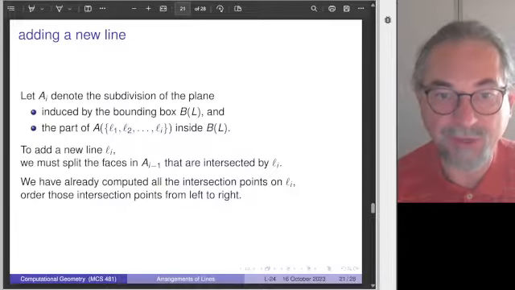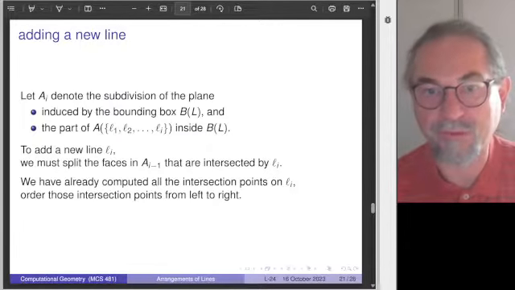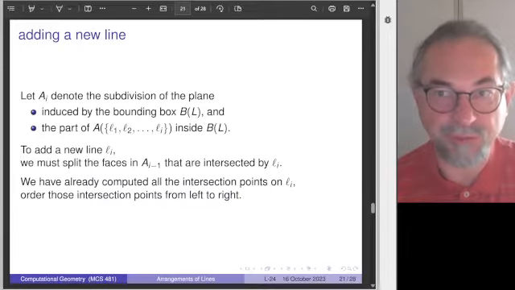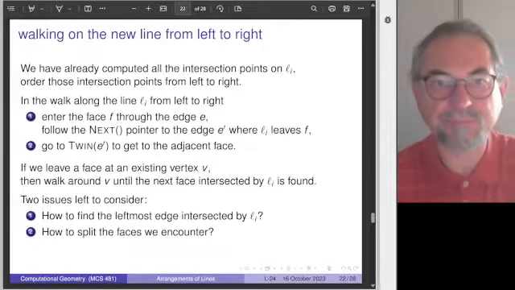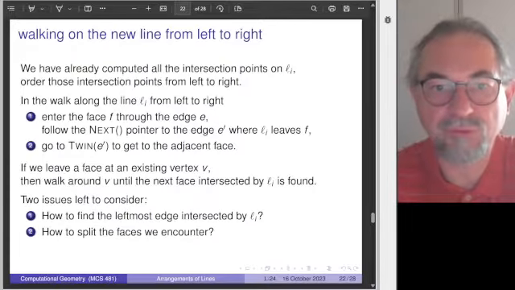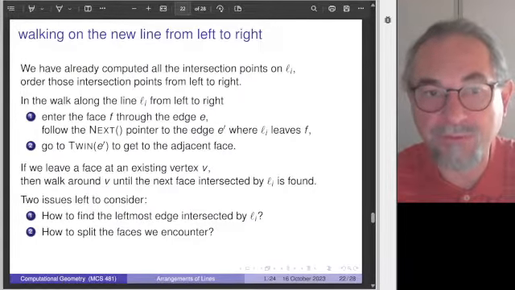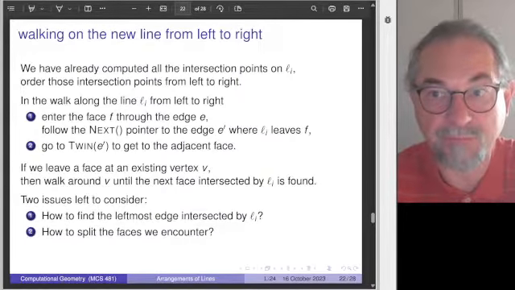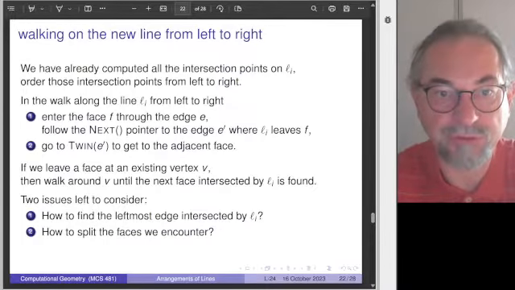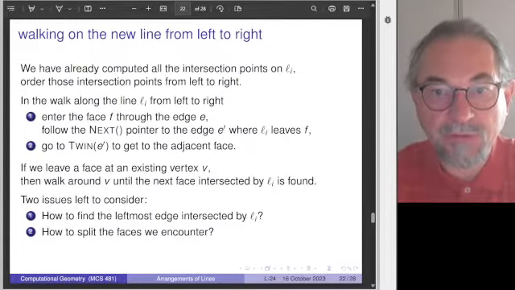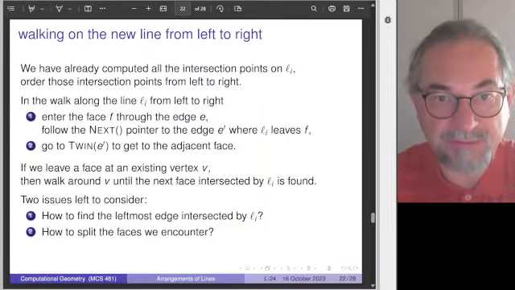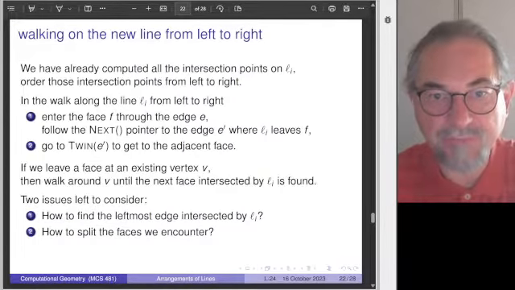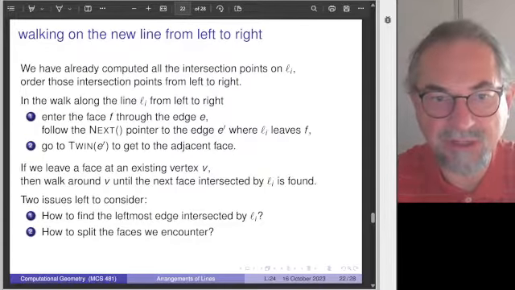We then have on the line our points ordered from left to right, and that's the order in which we will process them. We walk on the line from left to right, hopping from vertex to vertex, so the number of steps is defined by the number of vertices on the line. We enter a face through an edge, follow the pointers, and get to the adjacent face. We enter a face and then we leave a face.